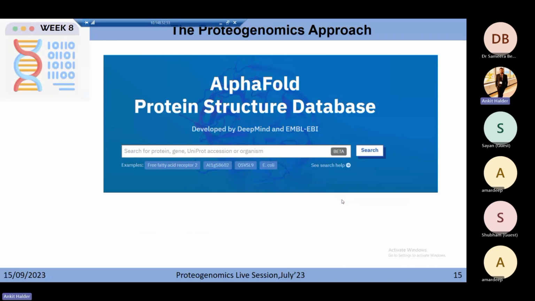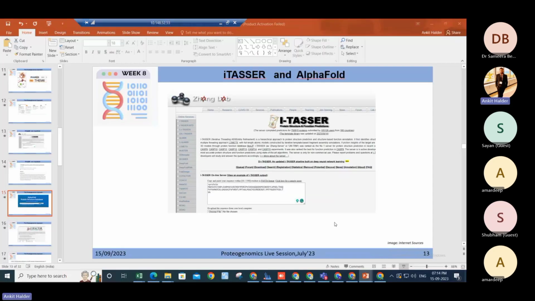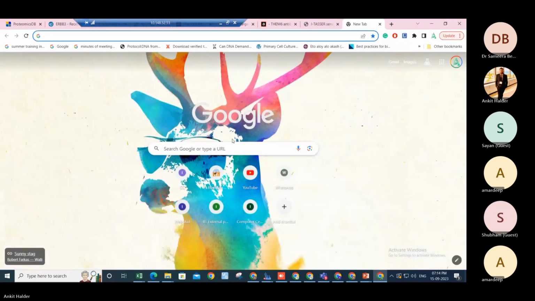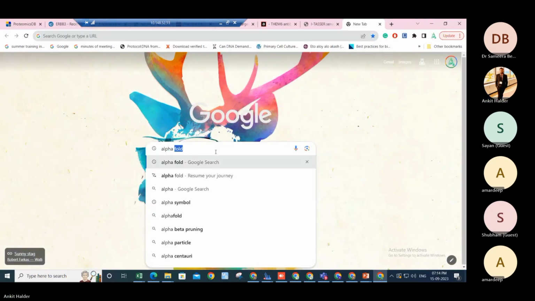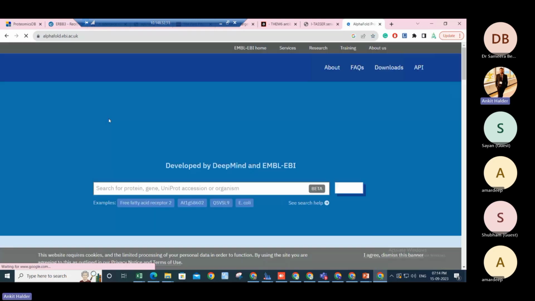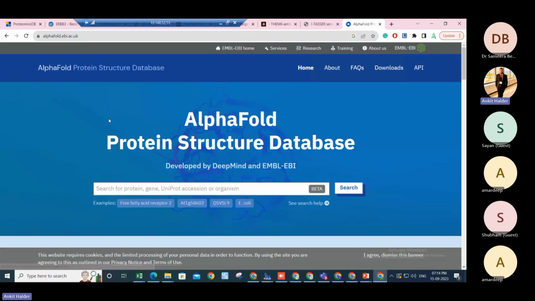Similarly, as I mentioned, in AlphaFold, I will show you certain things. I am giving you all those things that I mentioned for finding out those UP1 proteins.